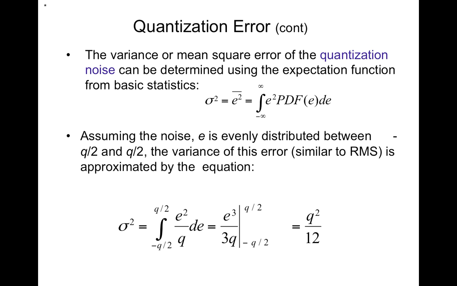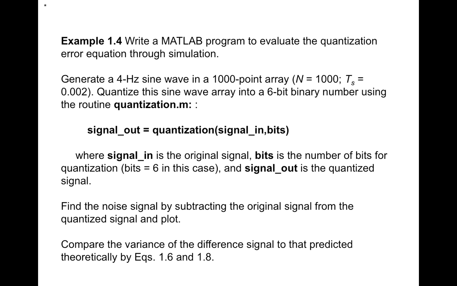Okay, we won't really talk about this much other than to say you can determine the noise due to the quantization error, and then there's some additional practice in how to write a MATLAB program that evaluates the quantization error. If we have a 4 Hz sine wave in a 1,000-point array, so we have 1,000 points and our sample is 0.002, and we want to quantize this into a 6-bit binary number, that can be done using this routine quantization.m, a file given by the textbook author.